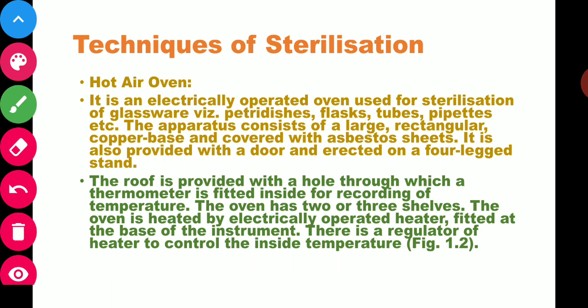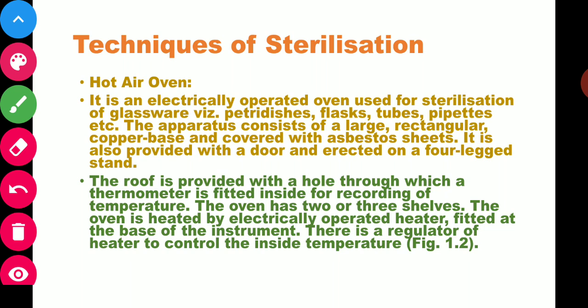Another technique of heat sterilization is the hot air oven. It is an electrically operated oven used for sterilization of glassware, such as petri dishes, flasks, tubes, pipettes, etc. The apparatus consists of a large rectangular copper base covered with asbestos sheets.